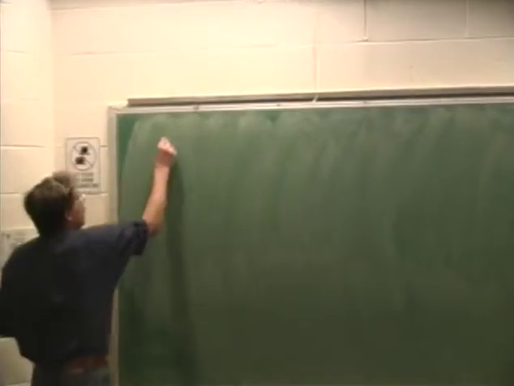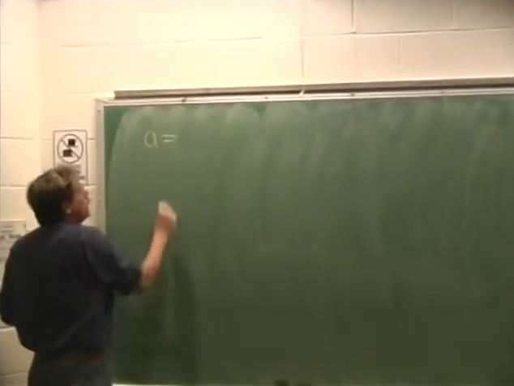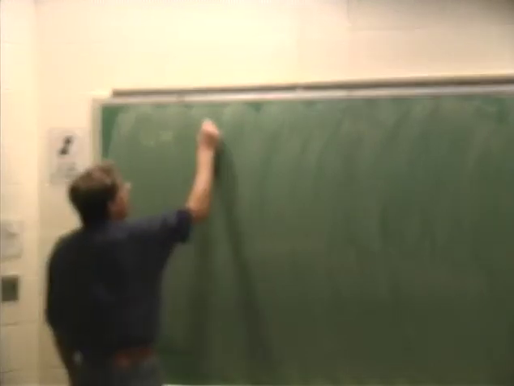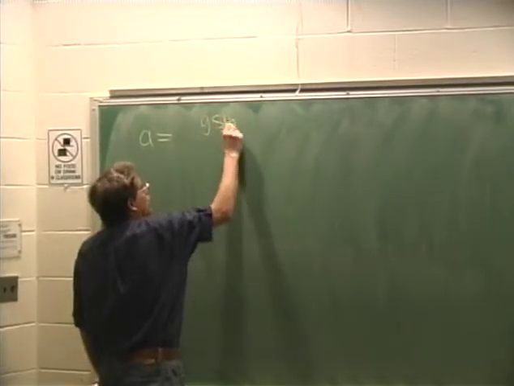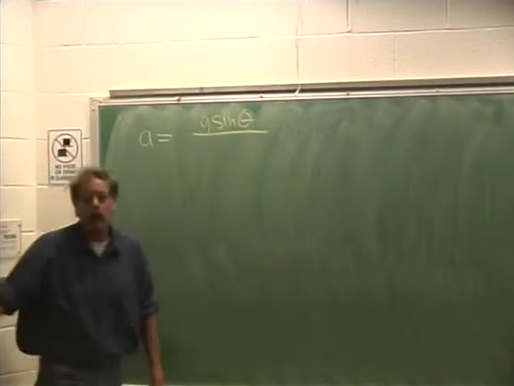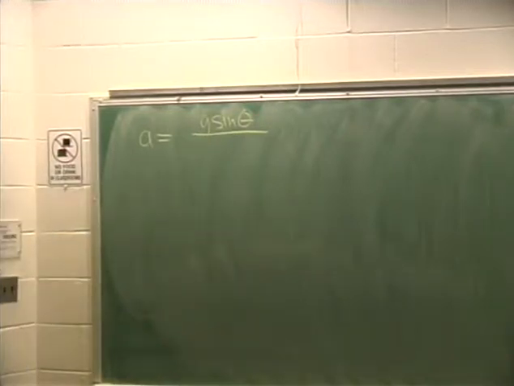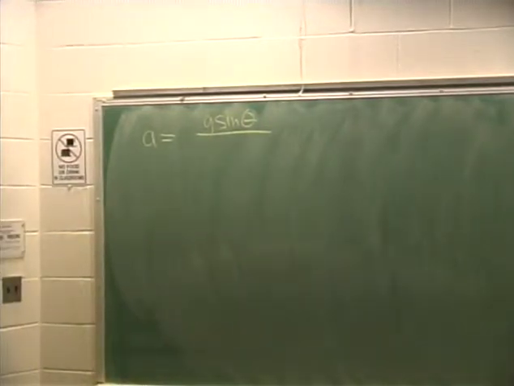Here's the formula for the acceleration of an object rolling down an inclined plane. By the way, if it slid down without friction, would it go faster or slower than rolling?